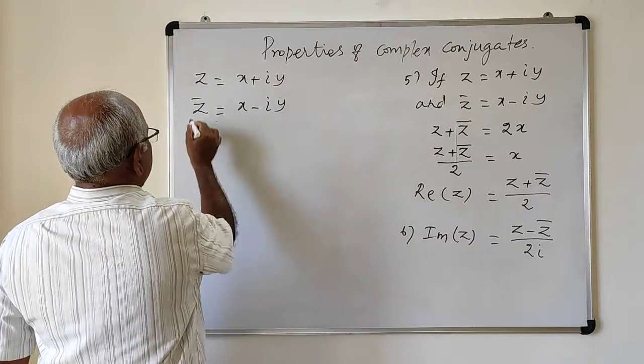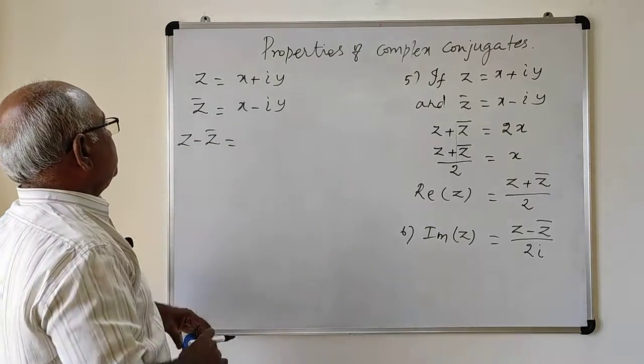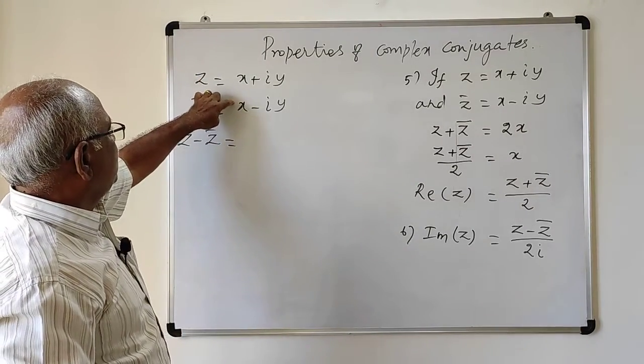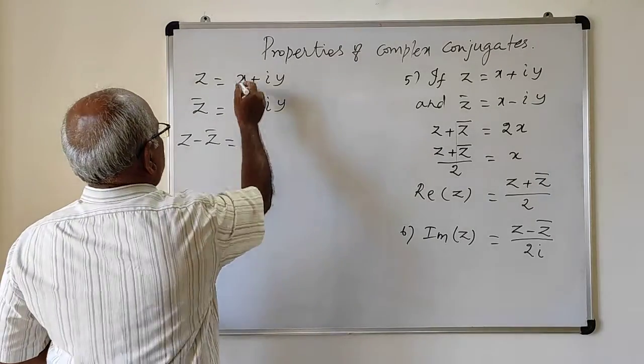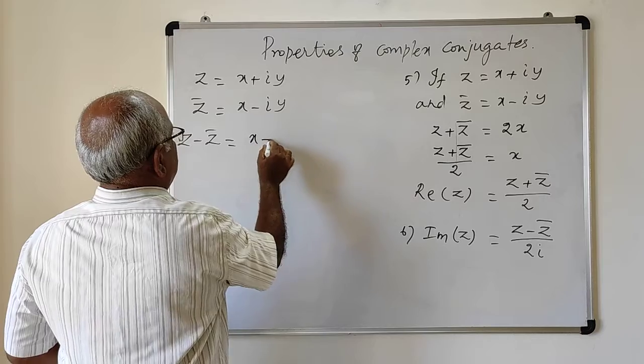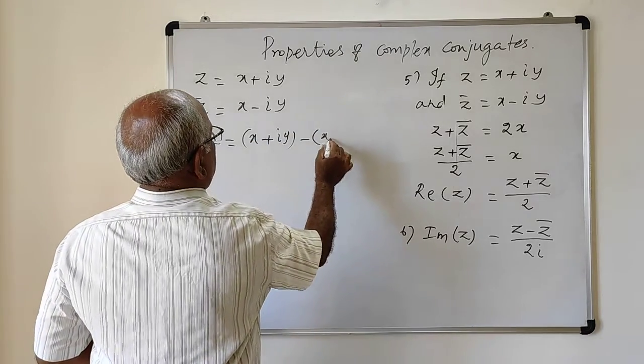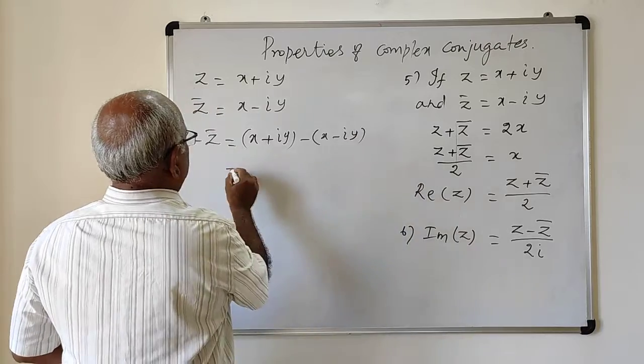We have to subtract Z and Z bar, Z minus Z bar. On subtraction, x cancelled, and the minus becomes plus.